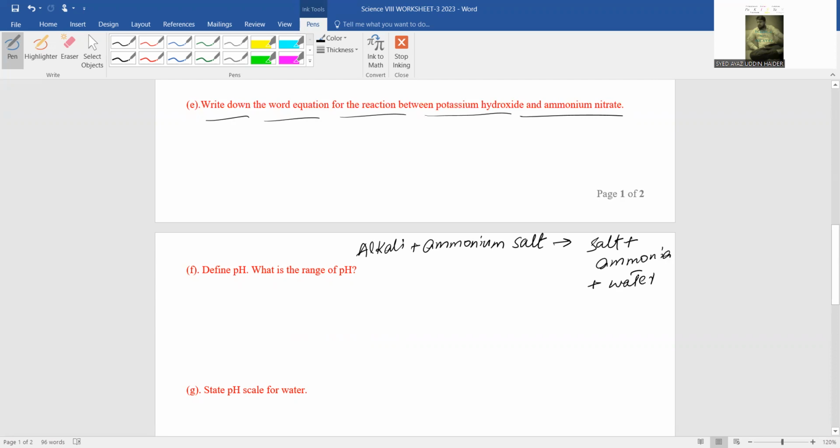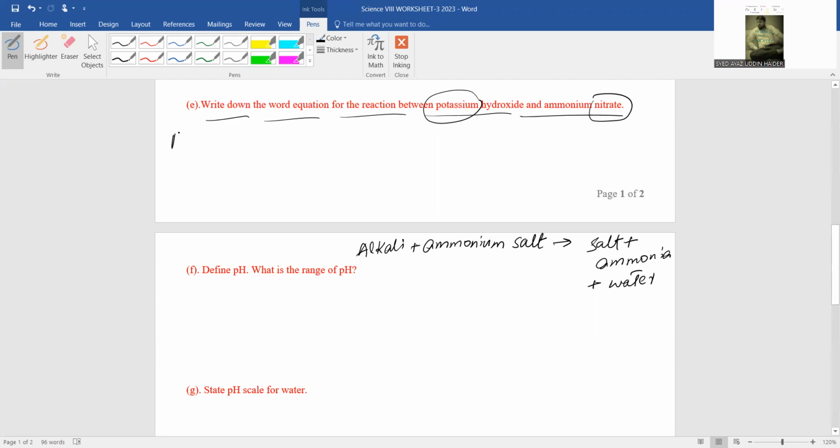For the salt, you have to look at the name of the alkali. It will help you to predict the name of the salt. You will pick the name of the metal from the alkali. Here it's potassium hydroxide. And the salt will be of nitrates, written nitrate on the right-hand side of ammonium.